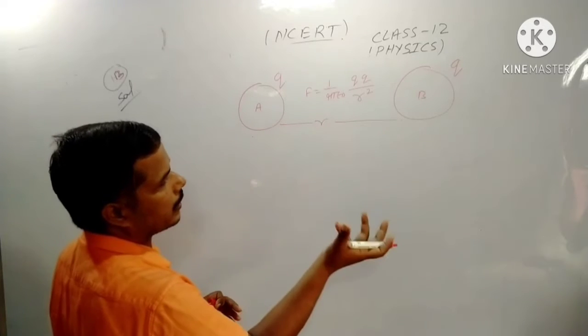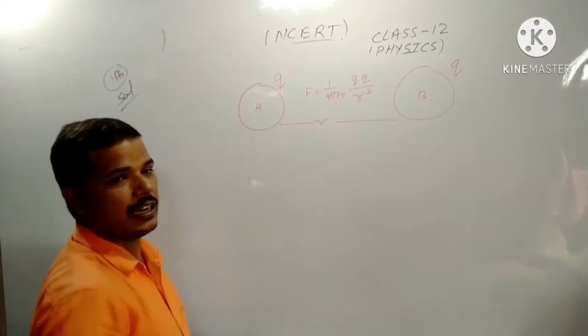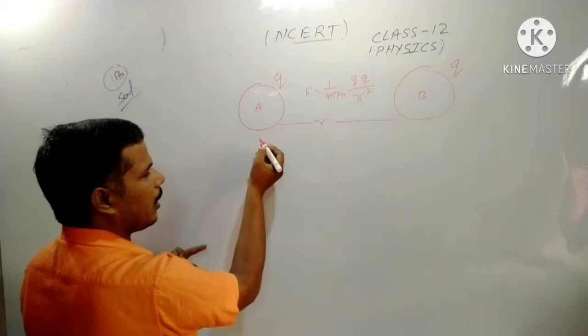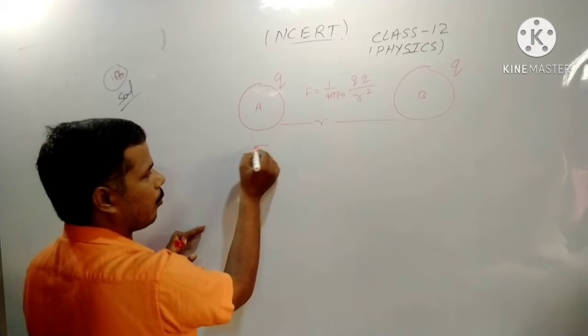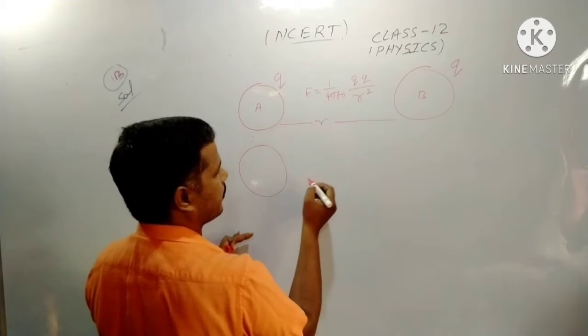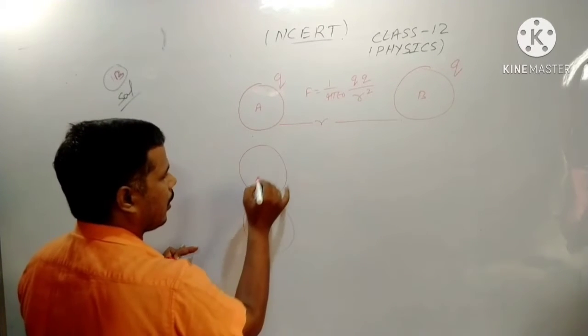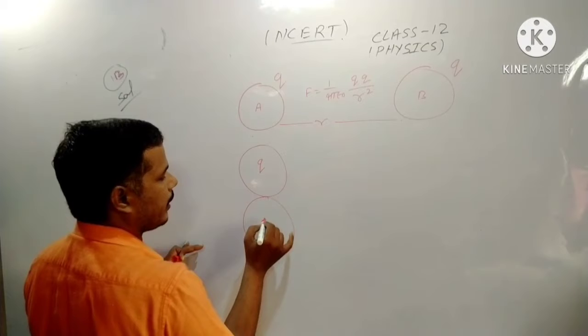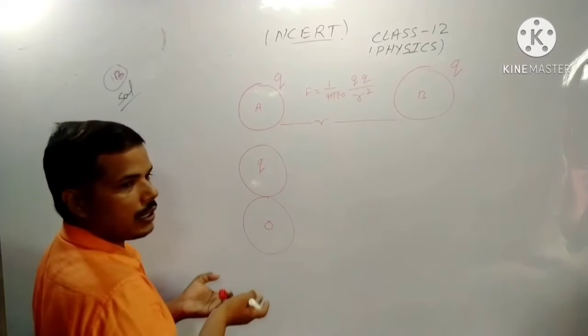If we bring a third sphere of the same size but uncharged, what happens if we make a contact with sphere A? It has charge Q and it has zero charge. It is neutral.